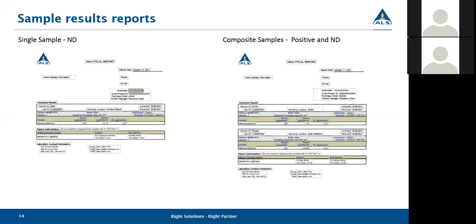The result in the second column is achieved by dividing the total result of the composite sample, which is in column 1 on the left, by the number of areas that you sampled. And that result is noted in the second column as result microgram per sample per 100 centimeters squared.